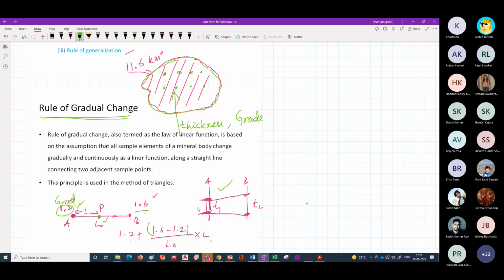Yes, sir. But in a real case, let's say this comes out to be 1.36. In reality it can be 1.4 also, or maybe 1.28. Nobody knows, but we just assume that this is how it varies. Is it clear how the thickness is increasing? This is the thickness of the deposit.